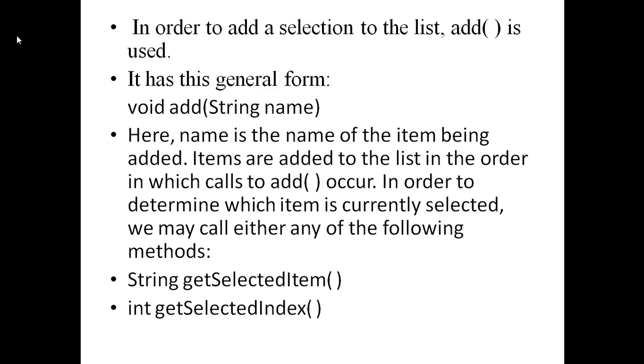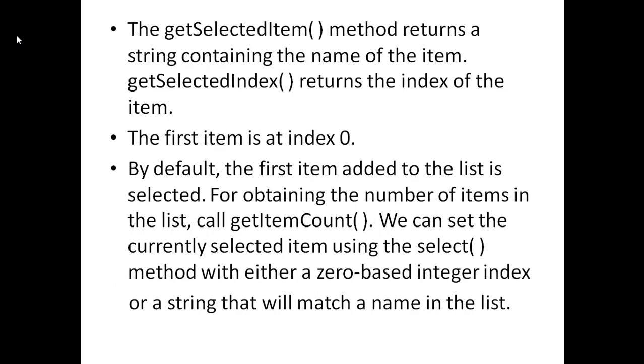In order to determine which item is currently selected, we may call either one of the following methods. To display the currently selected item, we have the methods String getSelectedItem and int getSelectedIndex. These are the two methods.